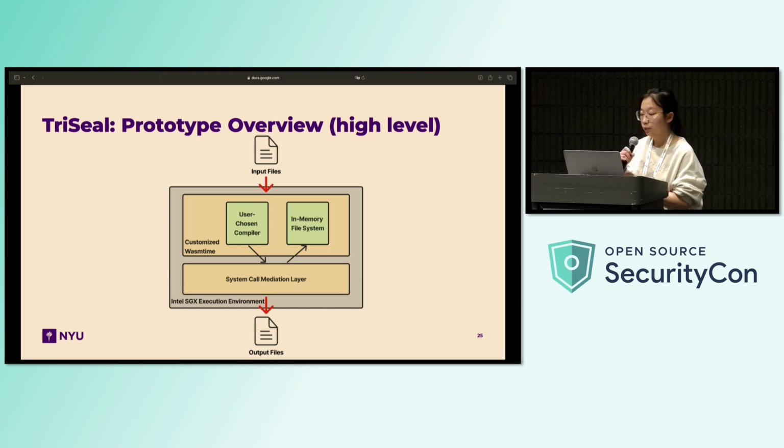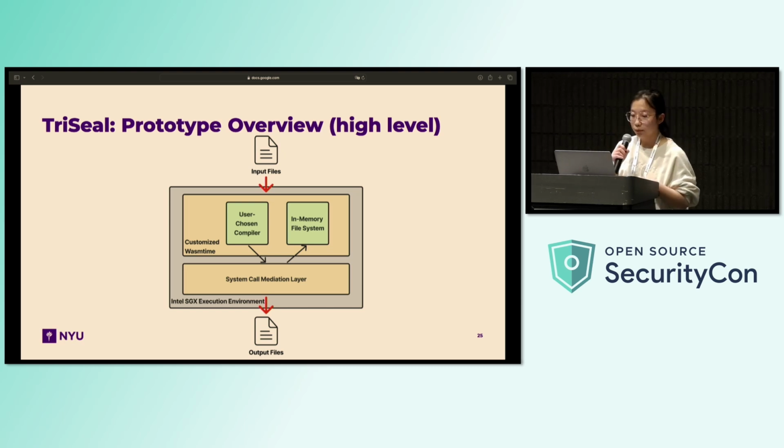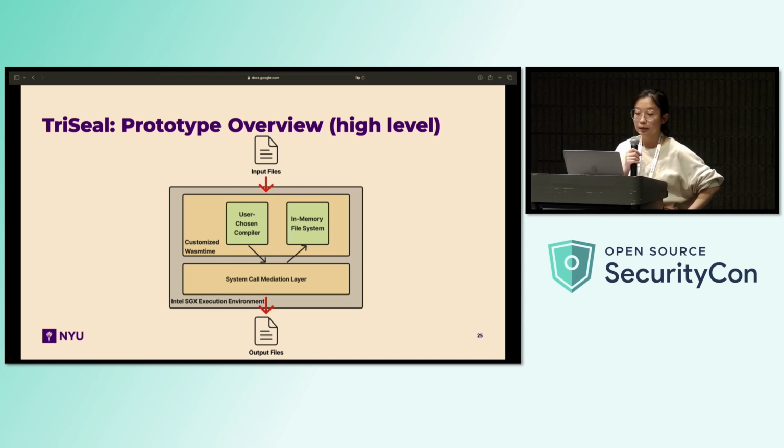And we've implemented the POSIX features to make it compatible with legacy Linux applications, and also a system call mediation layer that can redirect syscalls or block calls to achieve a non-interactive build environment.